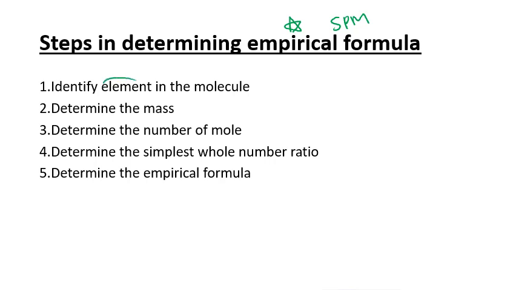First, identify the elements in the molecule, then determine the mass from the question. Once you have the mass, you are able to determine the number of moles. Sometimes the number of moles will be in decimal places, so you multiply by a number to make it a whole number ratio. Once you have the whole number ratio, you are able to determine the empirical formula.